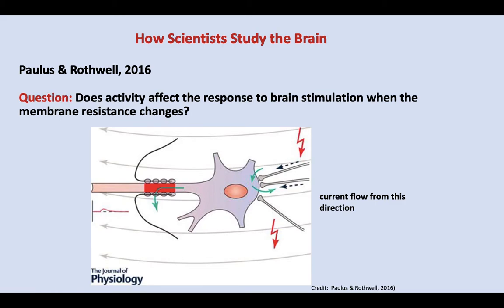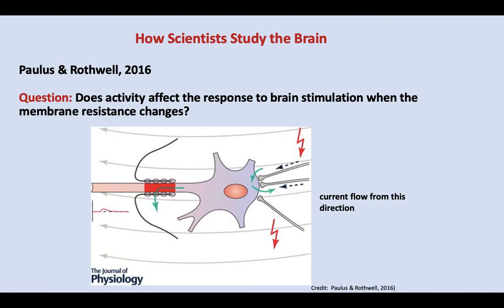In this diagram, you can see the current is coming from the right, and these are excitatory pathways, whereas these are inhibitory pathways. Then you end up with this outward current flow, where the increase of conductance is being caused by this shunting over here.